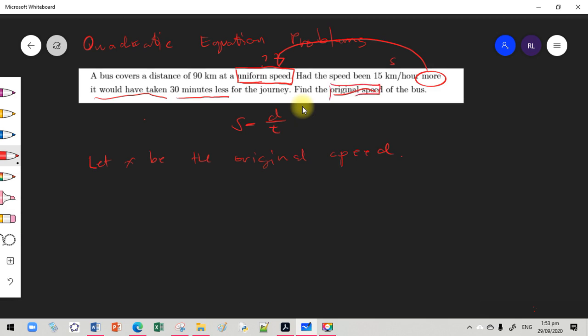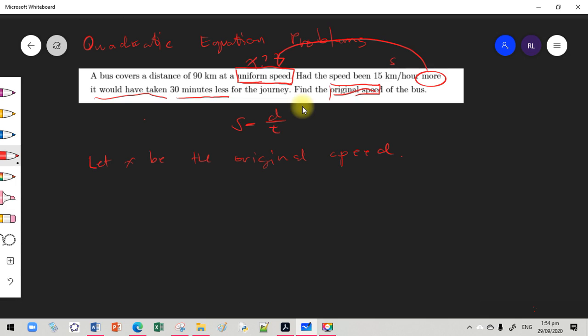It's like saying that a bus covers a distance of 90 kilometers at x speed. If that x speed is 15 kilometers per hour more than that x, the journey will take 30 minutes less. So we have two times here.